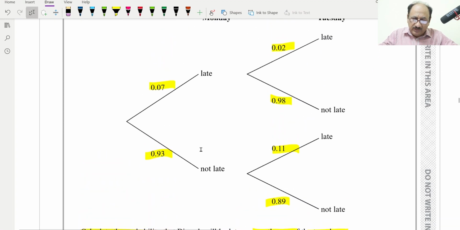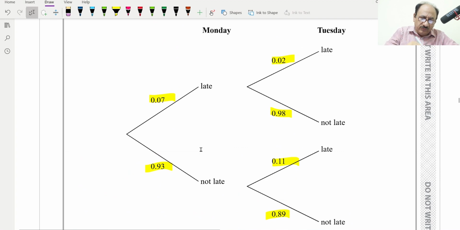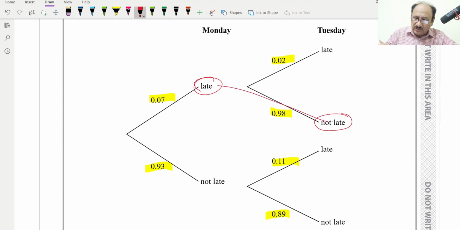So one should be late, which means late and not late. In this branch there will be only one late, and in this branch there will be one late.